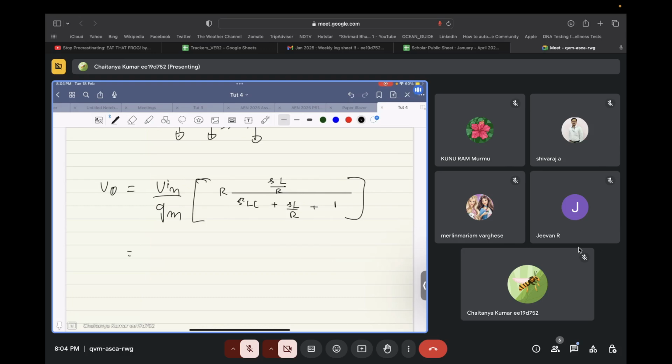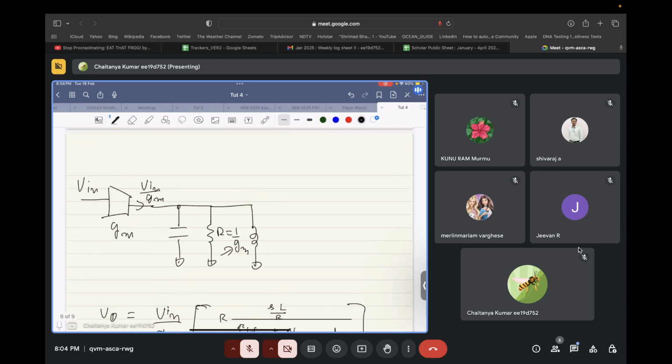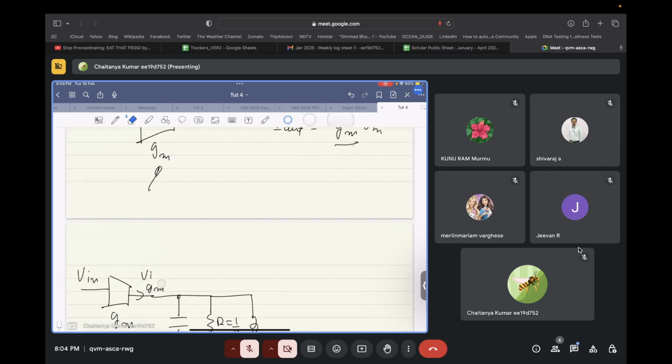So we have V in by GM times 1 by GM. Sorry, this is not V in by GM, this is V in times GM.